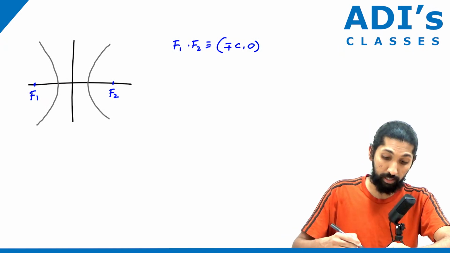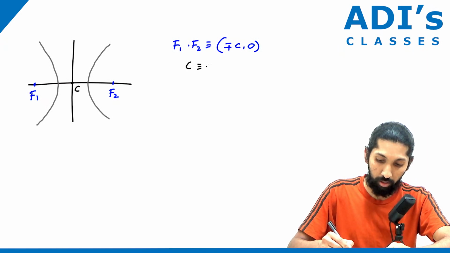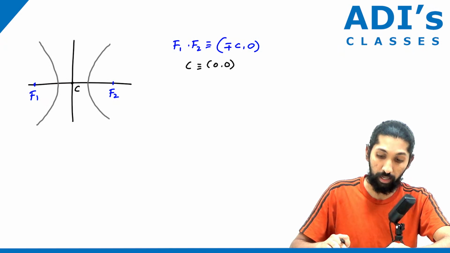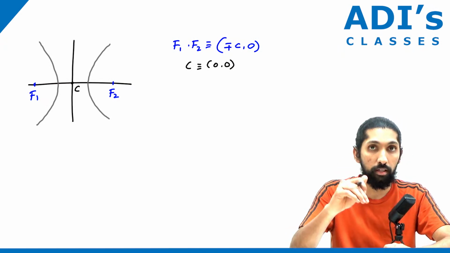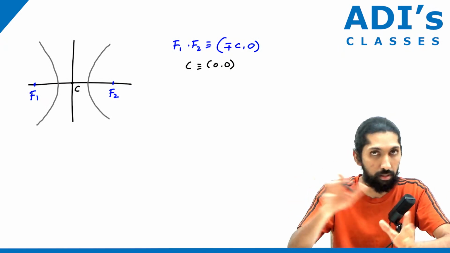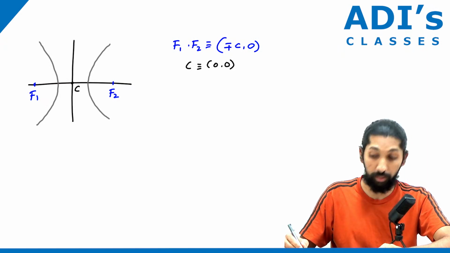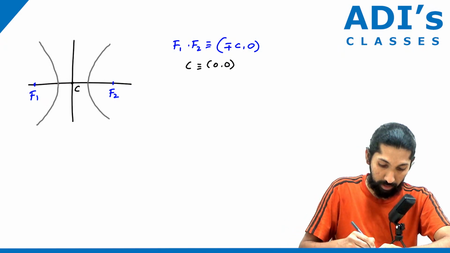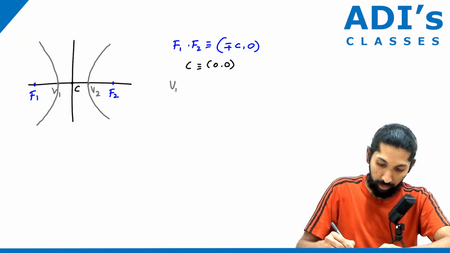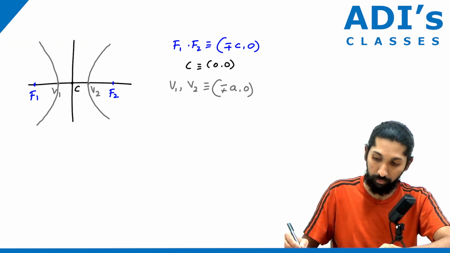Then the second part is the center of the hyperbola, C, which is given by the origin 0 comma 0, since we are looking at only the hyperbolas with the center at the origin. Then we are going to have the vertices, V1 and V2, which are given by minus or plus a comma 0.